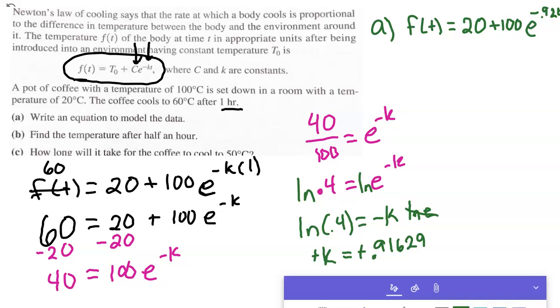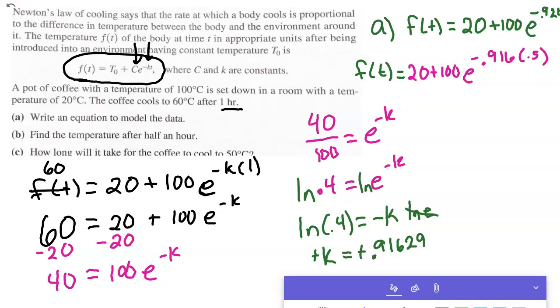Just temperature of coffee. And it says find the temperature after a half an hour. So you just put in 0.5 to this model. So this would be F(t) equals 20 plus 100 e to the negative 0.916 times 0.5.